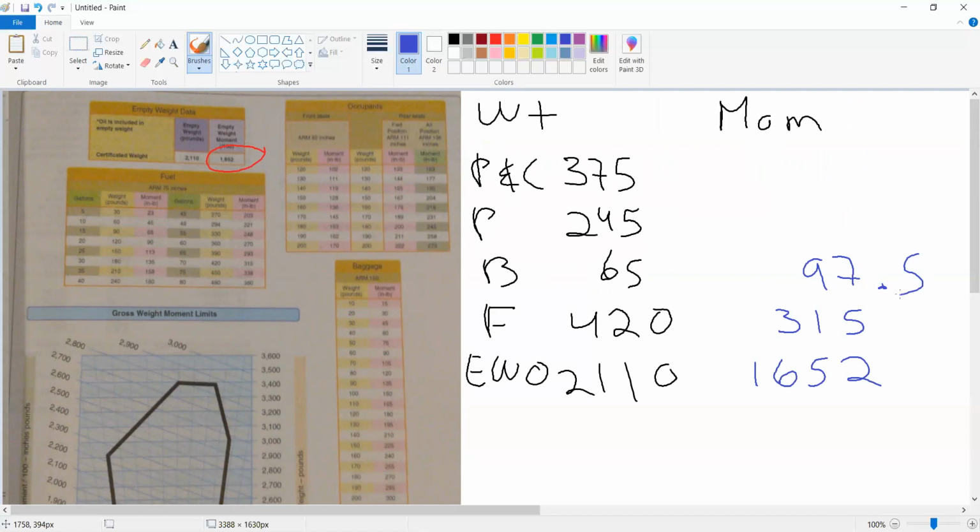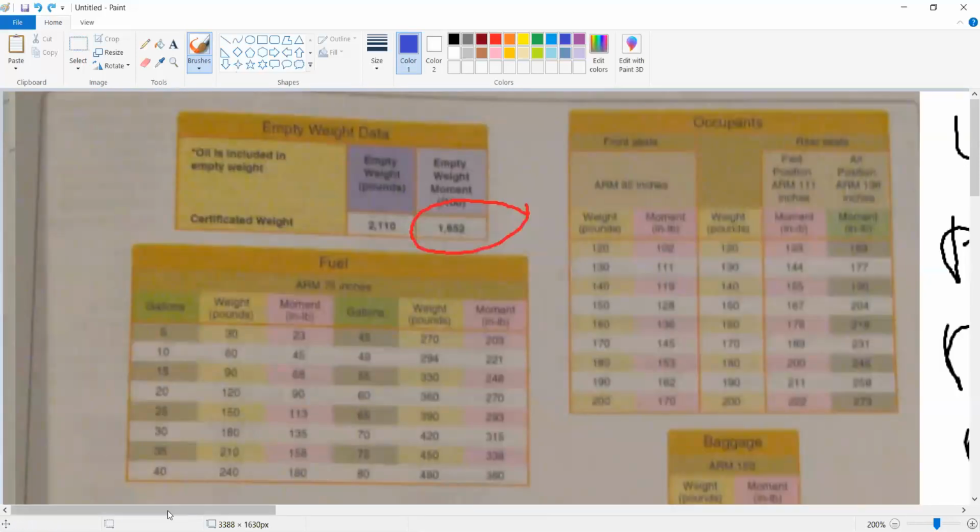Next one is passengers, aft position. Passengers aft position means in the back or in the rear. It's not given here. It goes beyond. So let's zoom up and see what the table says, what can assist us.